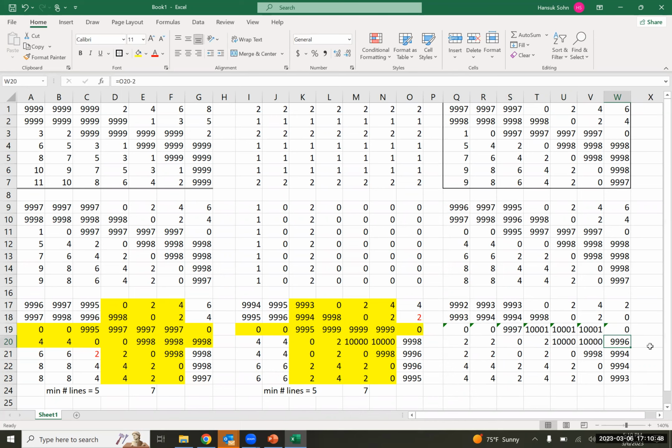Okay. So I'm going to draw this line because it has 3 zeros in it. And then I'm going to draw this because there are 2 zeros and another 2 zeros. I'm going to draw this line. And what about this?